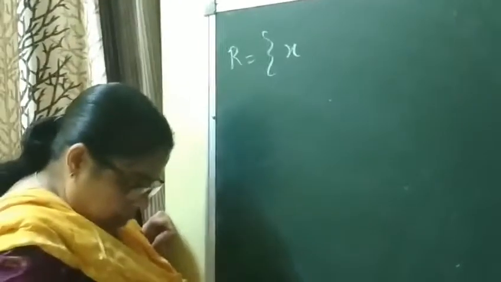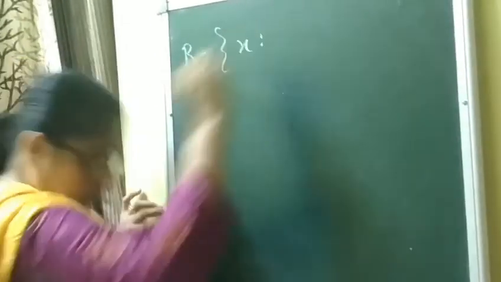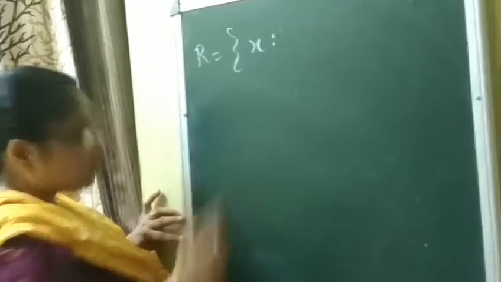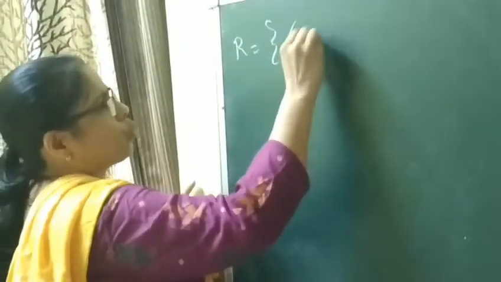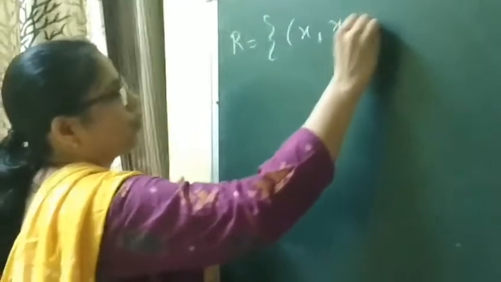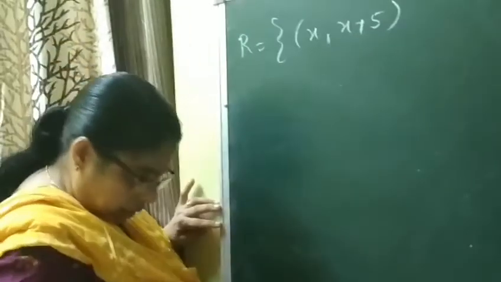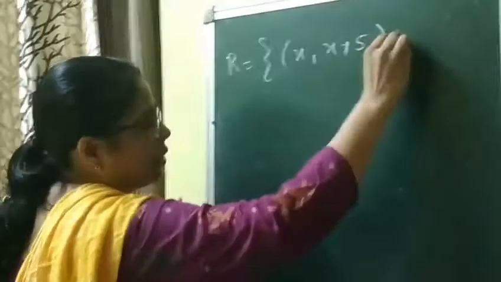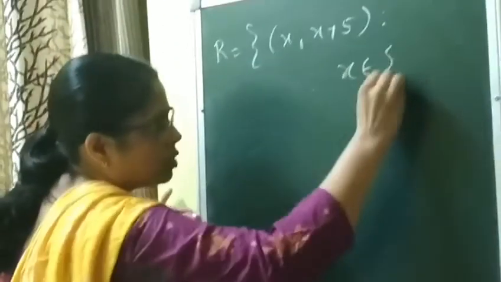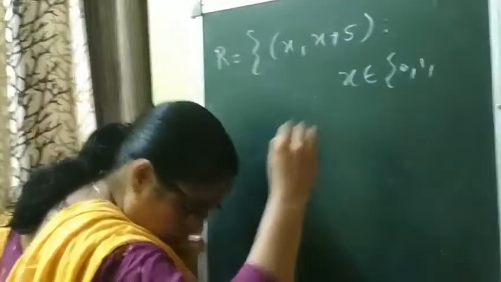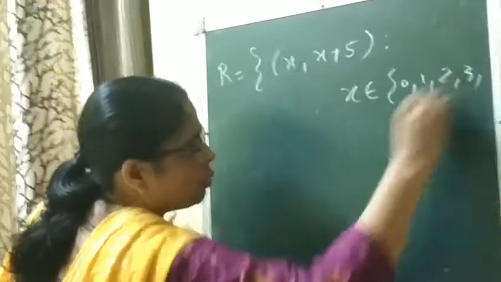Reading the question: find the domain and range of the relation R defined by R = {(x, x + 5) : x belongs to X}. आपको डायरेक्ट इसका कंडीशन दे रखा है, where x belongs to X, कौन सी सेट से लेना है, {0, 1, 2, 3, 4, 5}.